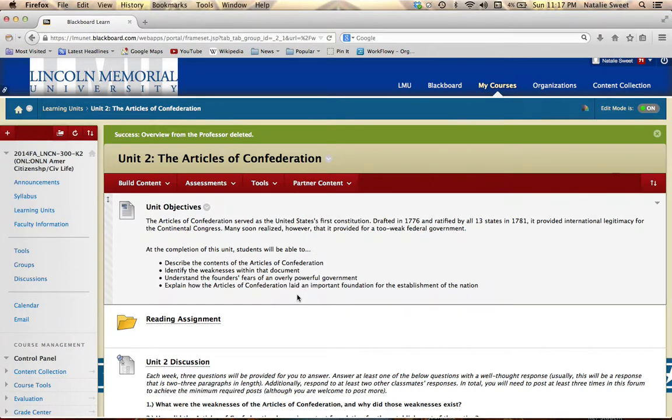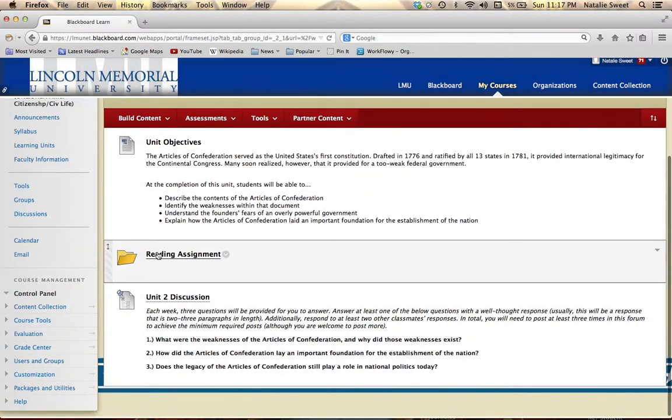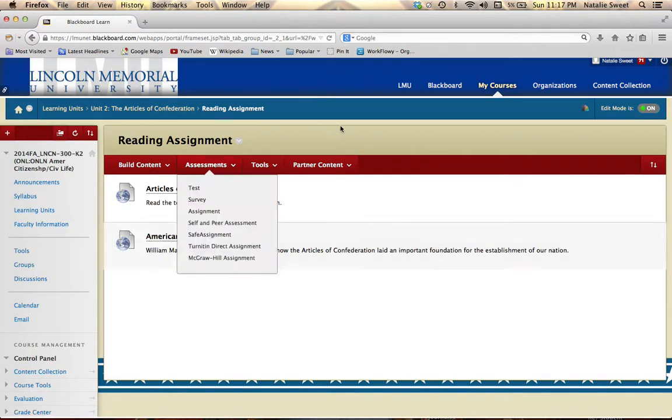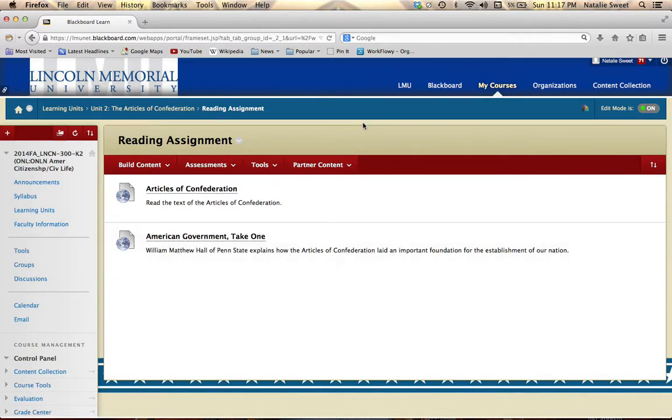So if you'll move further down to your reading assignment, you'll see there's a selection of articles for you to read. This is actually probably the shortest amount of reading that you will have to do all semester. So what you're going to do is read the text of the Articles of Confederation. This, once again, will take you to an outside source, and you should be able to read it in its entirety.